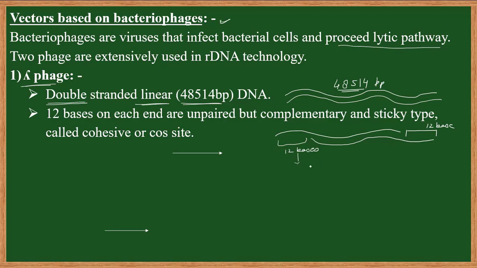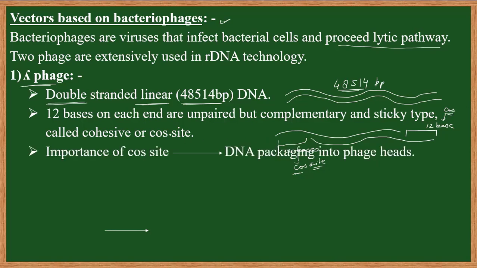These sites are called cos sites. The importance of the cos site is DNA packaging in the phage head. Suppose here is the phage head, so this vector will be completely packaged. Why? Because this is a sticky site and it can stick with the other end and form a compact structure.